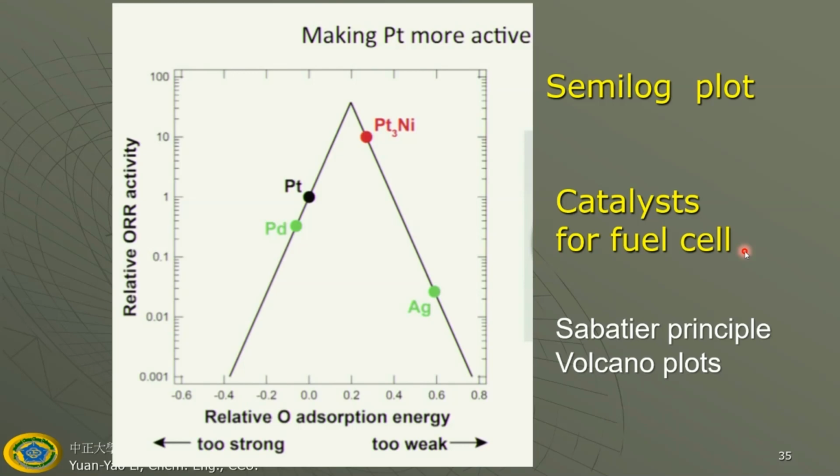One of the important key components in the fuel cell is what we call the catalyst. The catalyst is important for the fuel cell, and in order to find a good catalyst, that catalyst needs to be located at this point, which is very good and very efficient. That's what we call this volcano plot. It looks like a volcano.